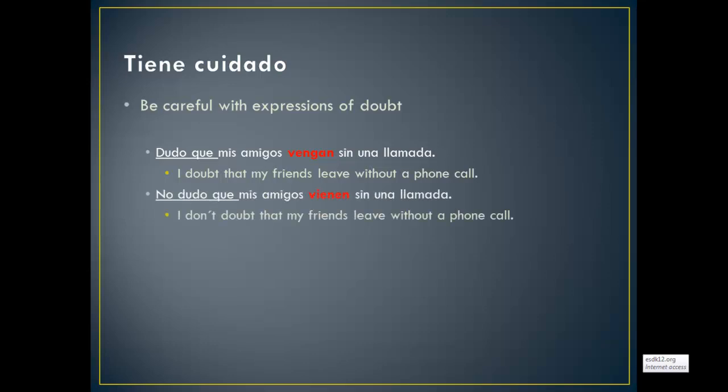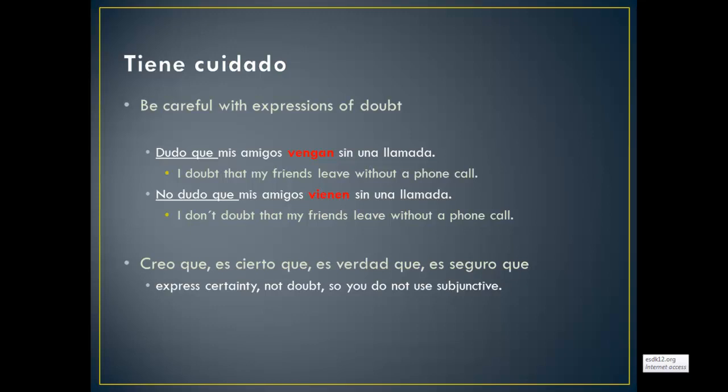Now, if I flip that around and I say I don't doubt it, that means I'm certain. So there is no doubt, and therefore there is no subjunctive. You would say no dudo que mis amigos vienen sin una llamada. So even though there's a change in subject, there's no doubt. I am certain that they are going to call before they come over. So no subjunctive.